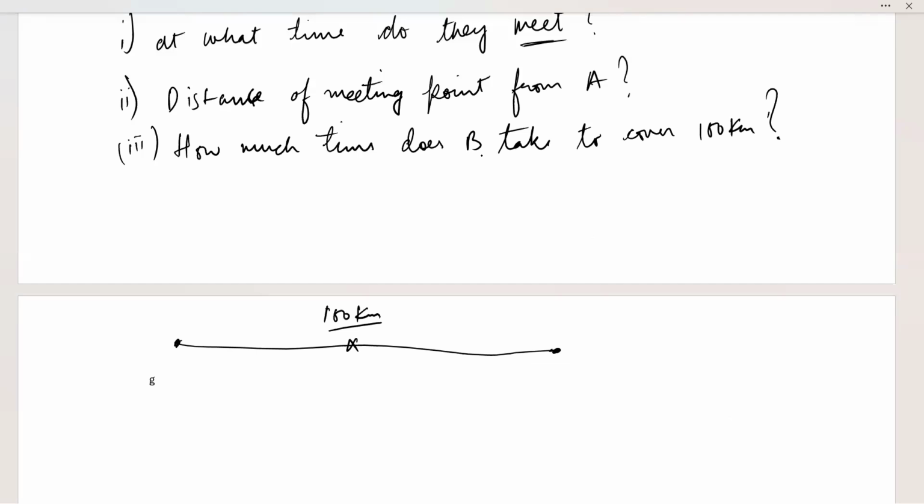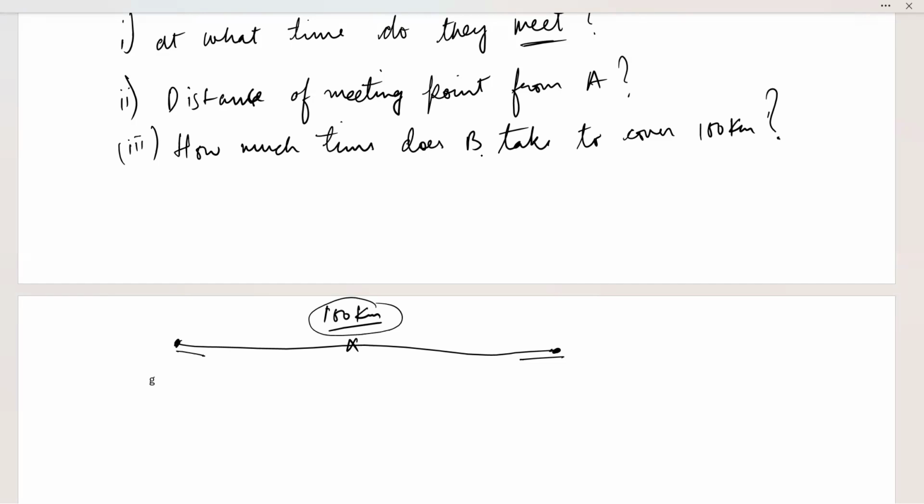Okay. And at what rate did they cover it? A is covering from here at 10 kilometer per hour and B is covering from here at 20 kilometer per hour. So together they are covering 30 kilometers in an hour. If they cover 30 kilometers in an hour, how many hours will they take to cover the 100-kilometer track?